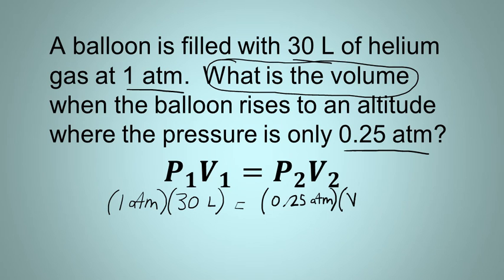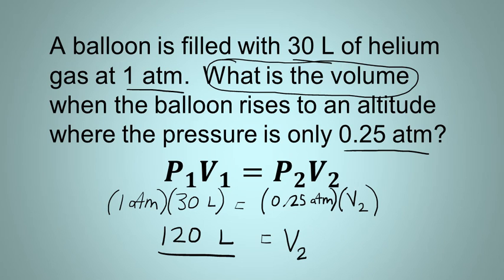That's our unknown in this problem. So now we just have an algebra problem, and so we can take 30 times 1 and divide that by 0.25, and we use algebra to solve for V2, and it is 120 liters, and so that's the answer. So that's all we have to do to use Boyle's law.